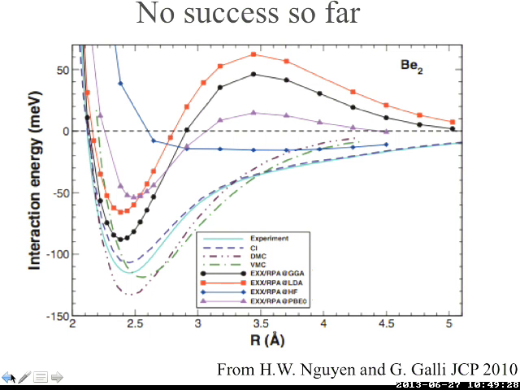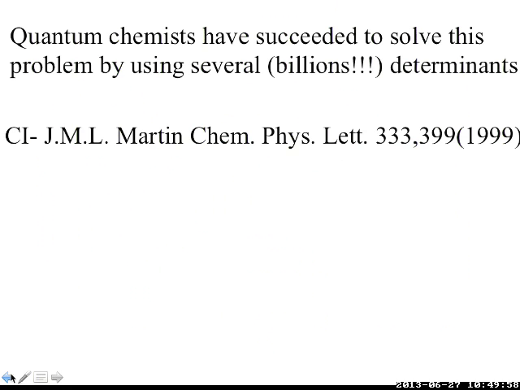If you want to do something that makes sense, in the sense that you derive it, the simplest thing is to do the RPA, and you get some crazy energy as a function of the position. The only reasonable calculations have been done by using CI with several determinants, and these are actually our work that I will emphasize later on.